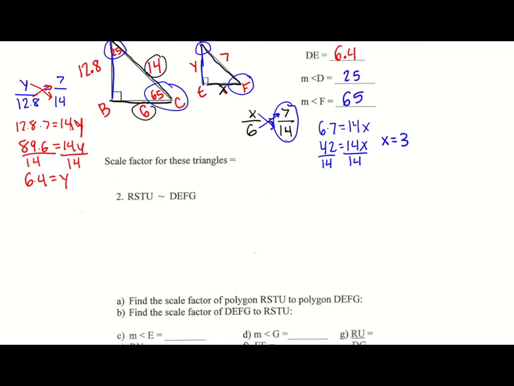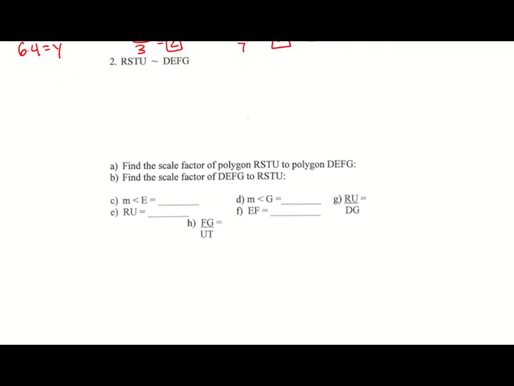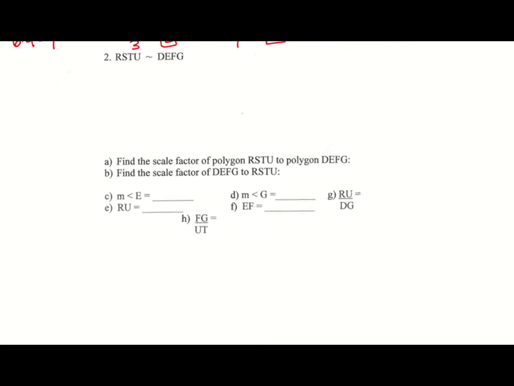Okay, let's look at one more example. Our last one, I'm going to draw our figure again. So we start with a four-sided figure this time that looks like this, and a larger one like this.